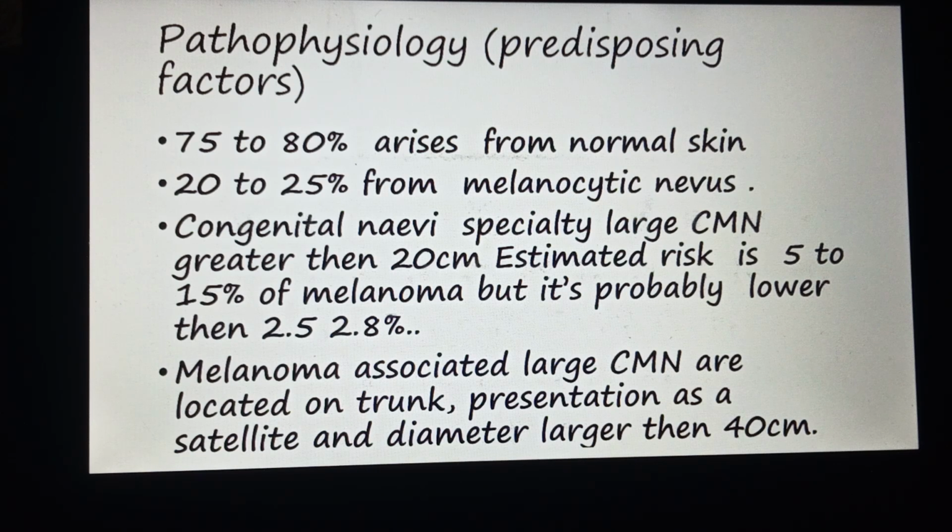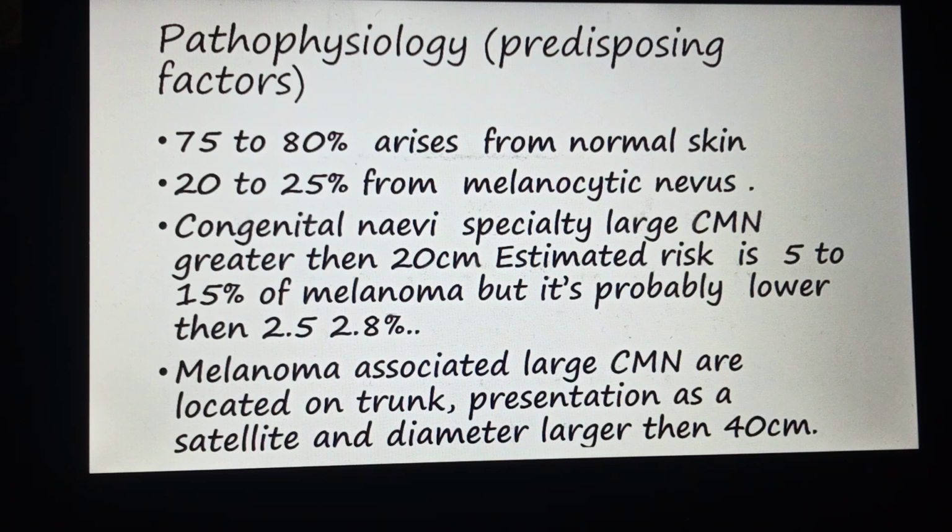The pathophysiology and predisposing factors. 75 to 80% of cases of melanoma arise from normal skin. 20 to 25% of cases of melanoma arise from melanocytic nevus. Congenital nevi, especially large congenital melanocytic nevi greater than 20 centimeters.